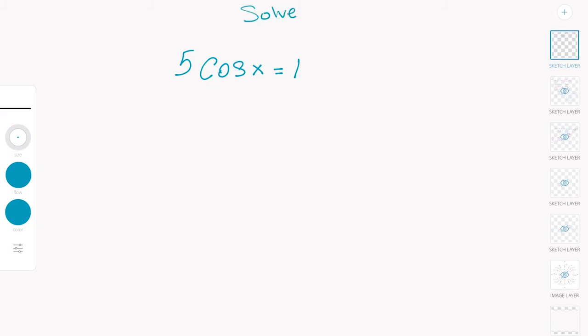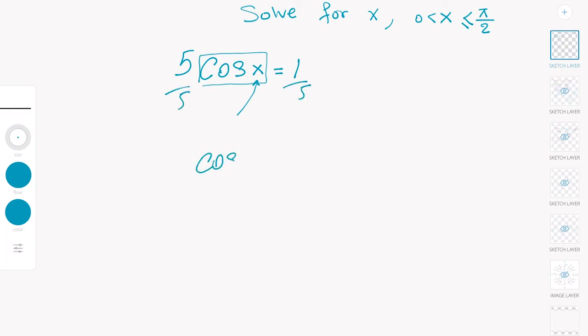X is between 0 and pi over 2. That means in the first quadrant. So in order to solve for this x, we should keep this on one side of the equal sign. So I divide by 5. I get cosine of x equal to 1 over 5.